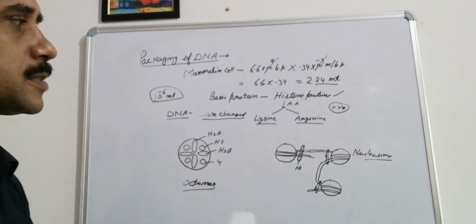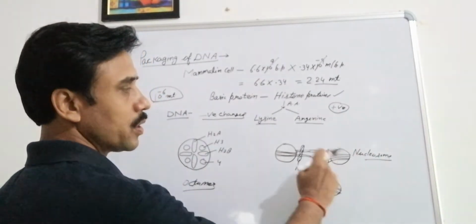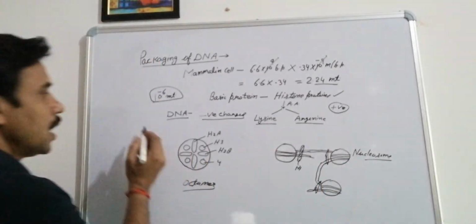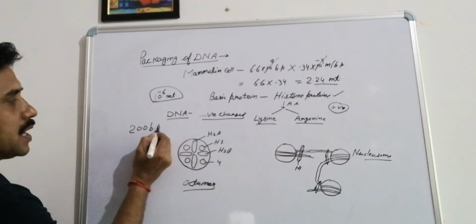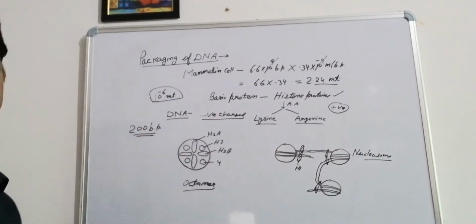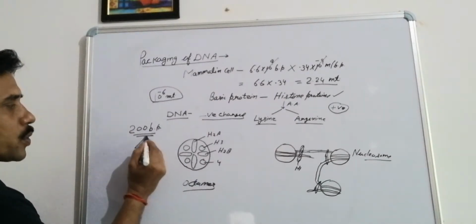a small nucleus. Now, in a nucleosome molecule or in this structure of nucleosome, about 200 base pairs are used up. So 200 base pairs are used up. In this 200 base pairs will be of two categories.